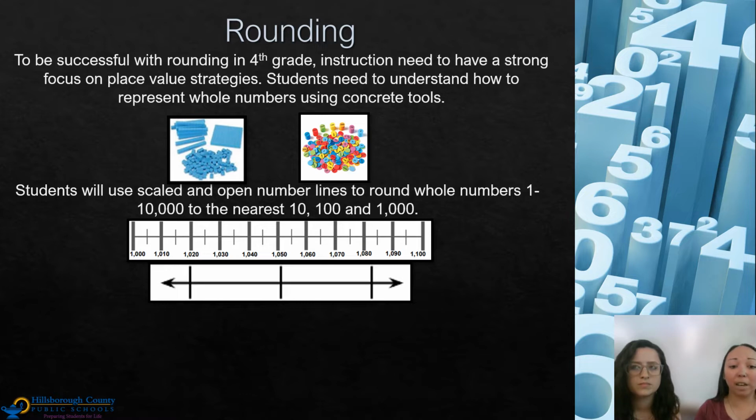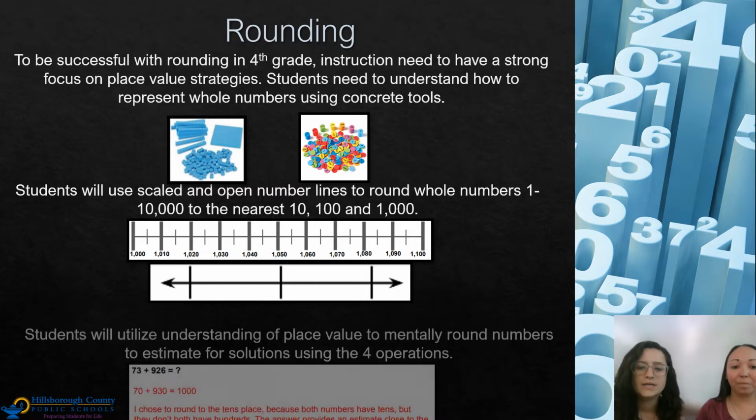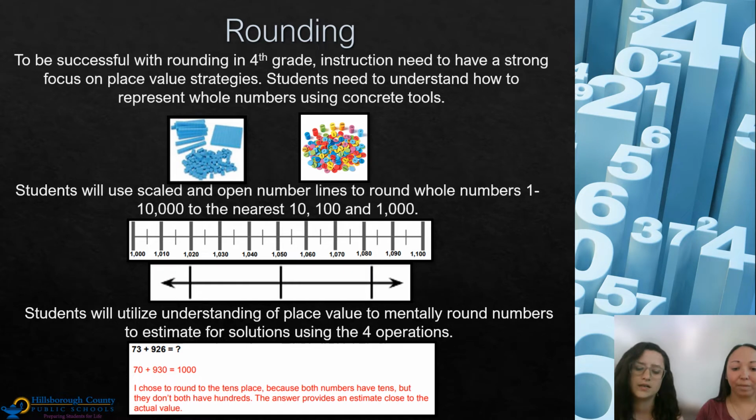Students will be given scaled and open number lines to round to the nearest 10, 100, or 1,000 place value. Absolutely. So students will be plotting their number on this number line, and then they'll use that to determine which multiple is closest. As students move throughout this understanding and they begin to get a solid ground of rounding, they're going to start using this to estimate solutions and to do basically mental math in their head with the 4 operations.